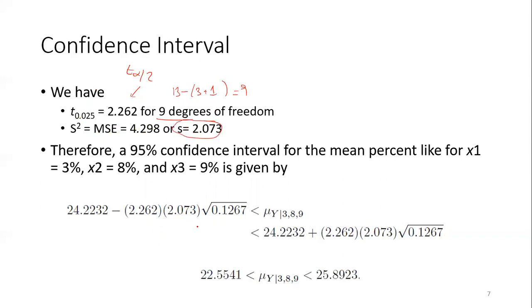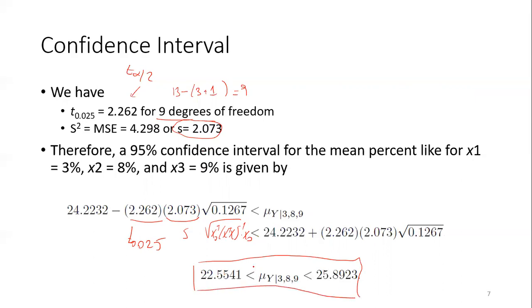And then the last step is just substitute the values, okay? So this is my S value, this is the T value, okay? This is the T sub 0.025, this is S, and this is the square root of, remember, x0 transpose x inverse times x0. And the resulting value is what? Your mean, so look at this, your mean with 95%, I am sure that your mean will be between 22.55 and 25.89.